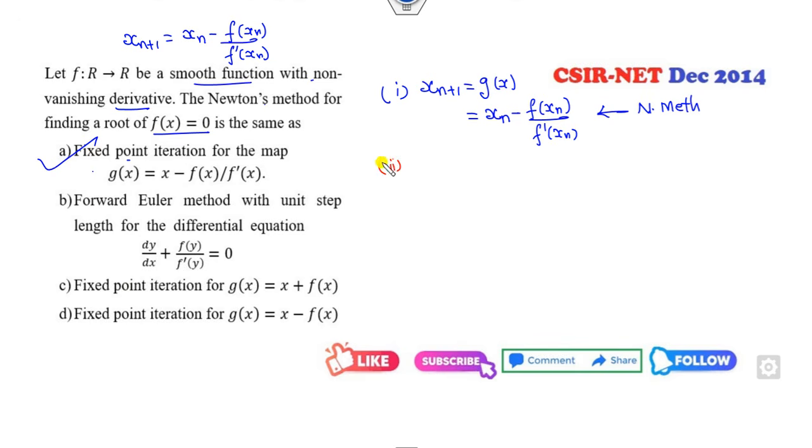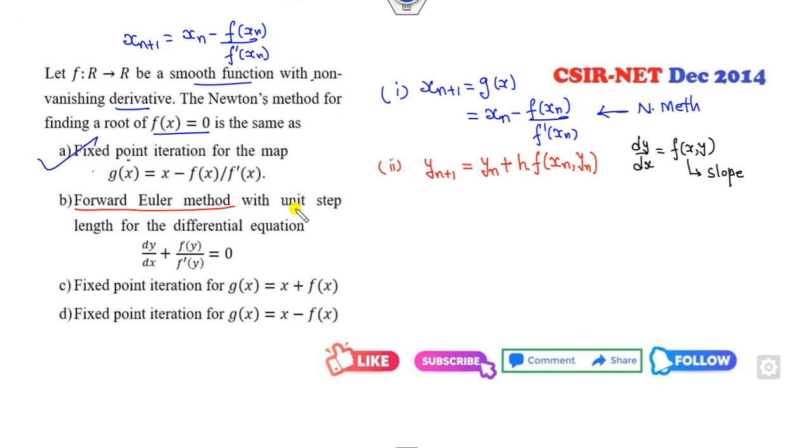Look at the second option, the forward Euler method. What is the forward Euler method? y_{n+1} = y_n plus h times the slope at x_n. Remember that for the forward Euler method, dy/dx is f(x, y), which is basically the slope.